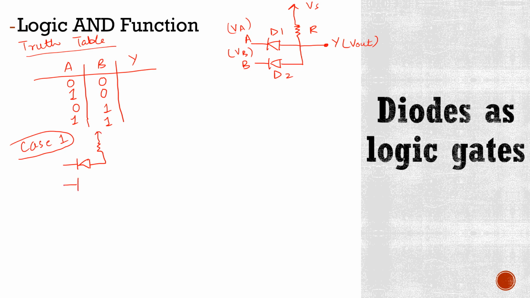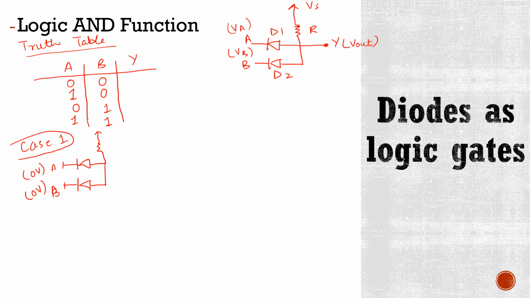Now we know that in this condition, terminal A is off. It means there is no voltage here, and terminal B is also off. Again, there is no voltage here.